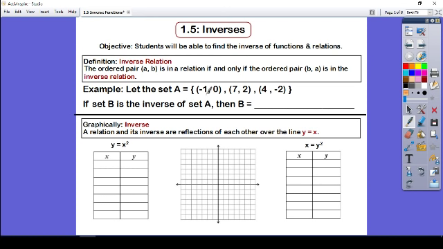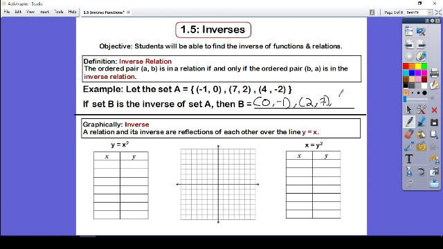If the set A is input -1, output 0; input -7, output 2; input 4, output -2, and if set B is the inverse of set A, then the inputs and the outputs are going to be switched. So 0 as an input would produce -1, switching the inputs and the outputs. 2 as an input would produce an output of 7, because the inputs and outputs are switched.